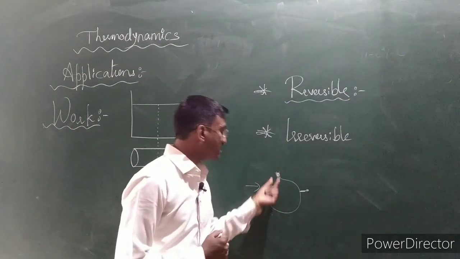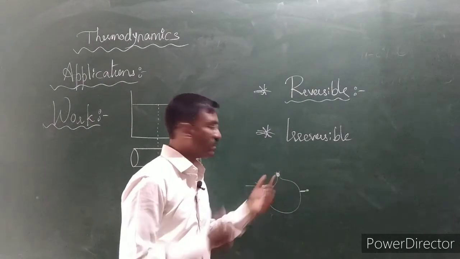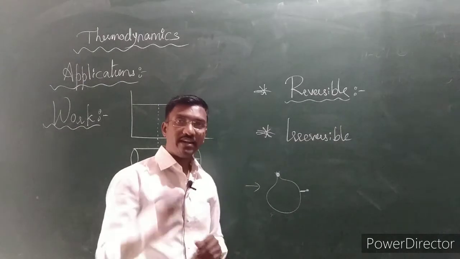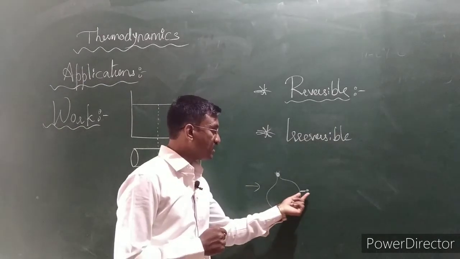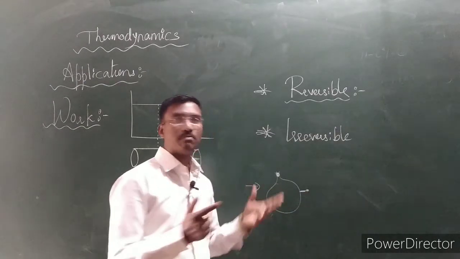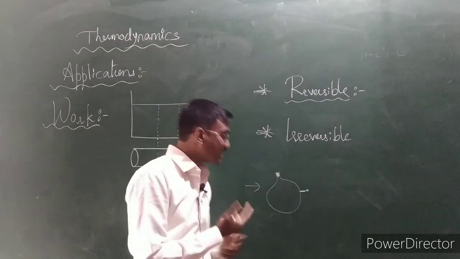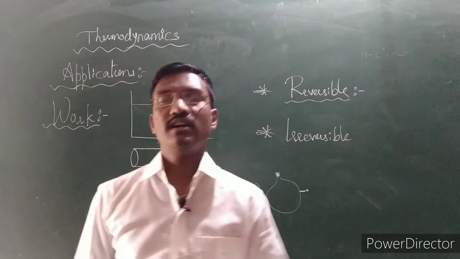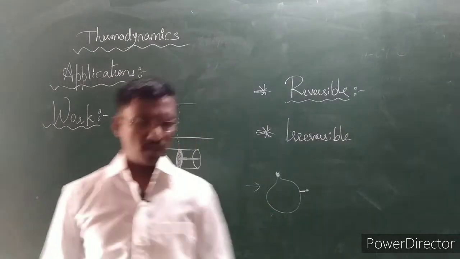If I release the air through the mouth, I can refill it. This is called a reversible process. If I touch it with a pin and it is blasted, it cannot be refilled. This is called irreversible. Reversible and irreversible, very simple.